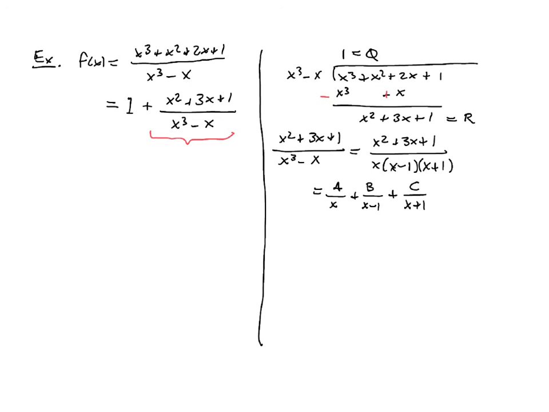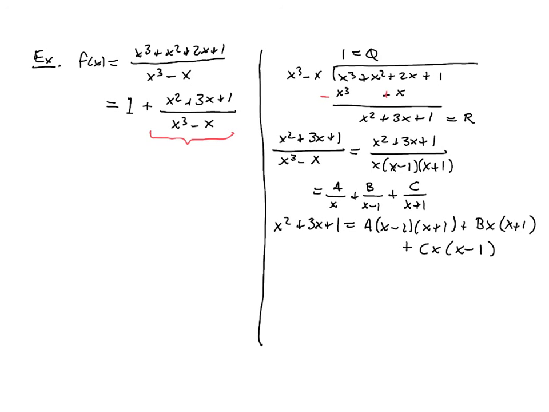And now, if we do the same solving technique that we did before, let me not belabor the point on this. Multiply both sides by x times x minus 1 times x plus 1, we get x squared plus 3x plus 1 equals a times x minus 1 times x plus 1 plus bx times x plus 1 plus cx times x minus 1.